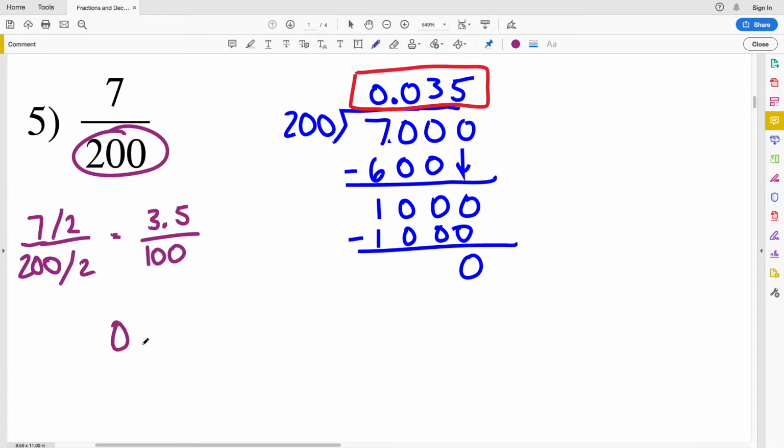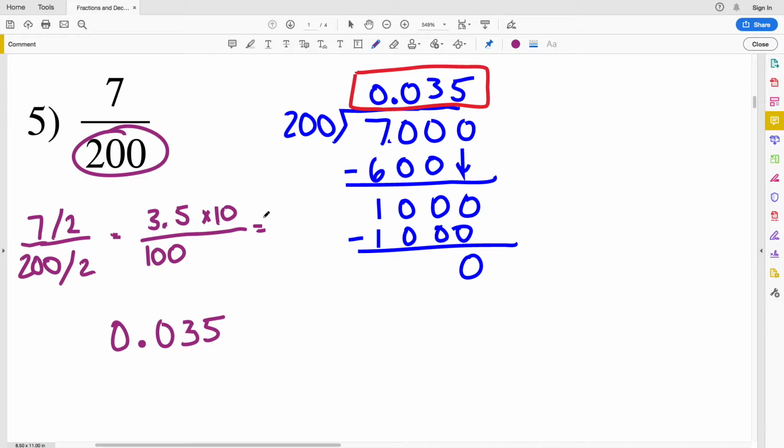So that'll be 0. Here's my tenths place, and here's my hundredths place. So 3.5 would start in that hundredths place to give me 0.035. Or, if this is confusing, think about this. We have 3.5 over 100, and remember we don't want this decimal, so multiply the numerator by 10 to get rid of that decimal.